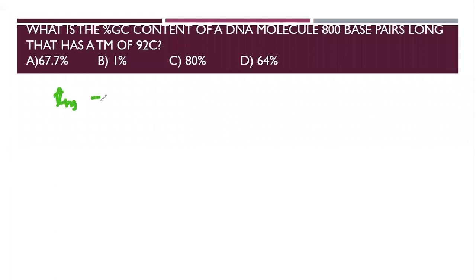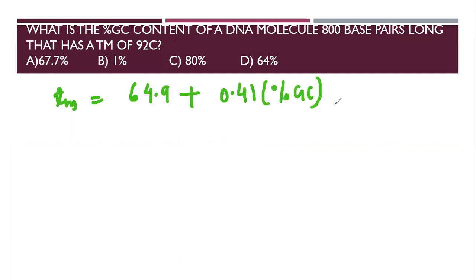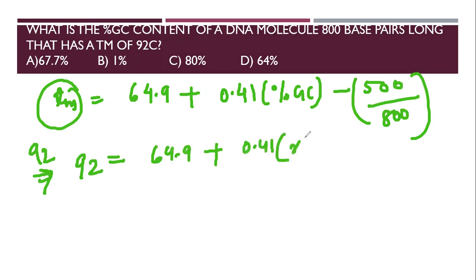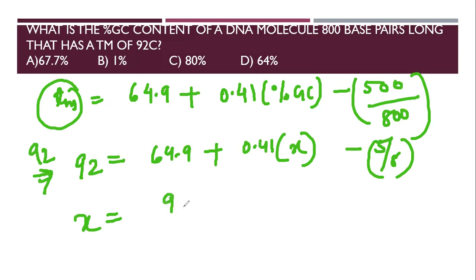Tm is 64.9 plus 0.41 into percentage of GC minus 500 by the base pairs they have given, 800. And Tm is given as 92. So 92 is equal to 64.9 plus 0.41 into x minus 500 by 800. So what is x then?